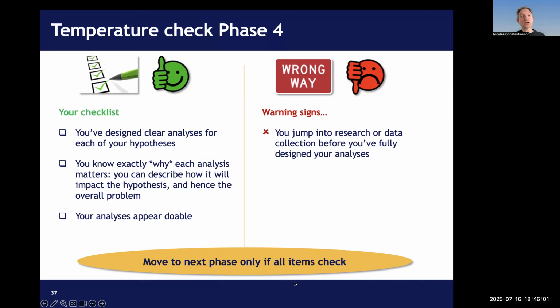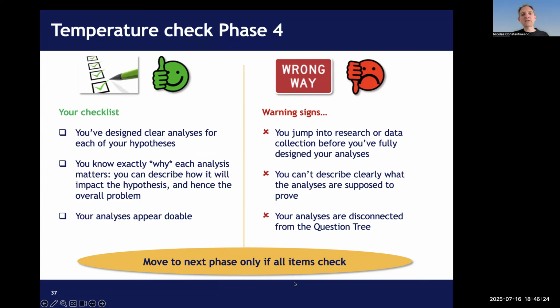So in other words, you start doing research, you start analyzing, but you don't have a really clear idea about what you want to prove and what the end product of that work should look like. Or you can't describe clearly what the analyses are supposed to prove, or the analyses are somehow disconnected from the question tree. Then you are straying from your own project, probably.